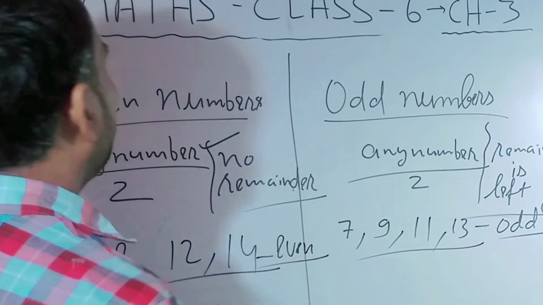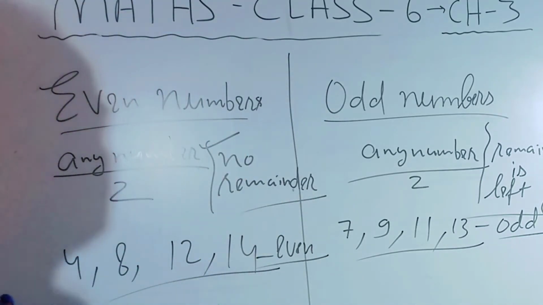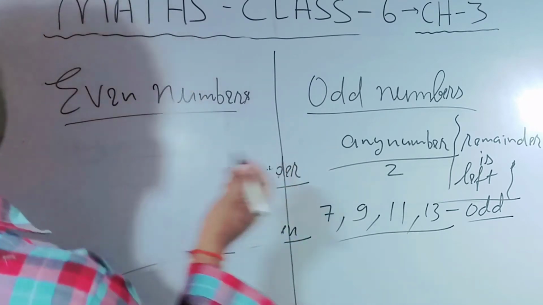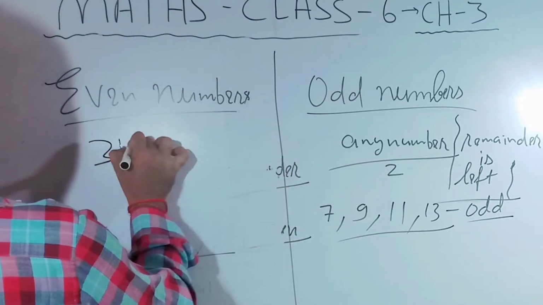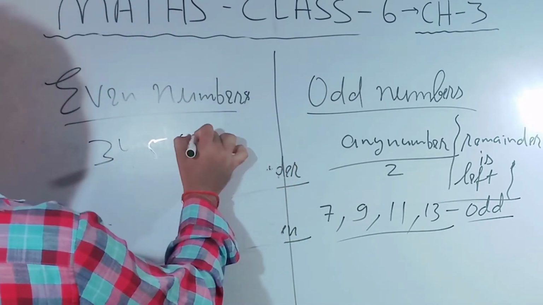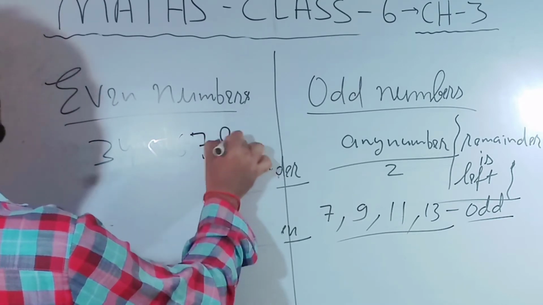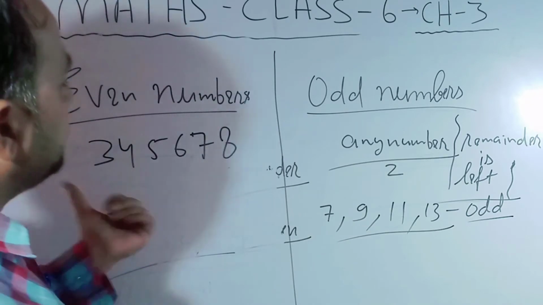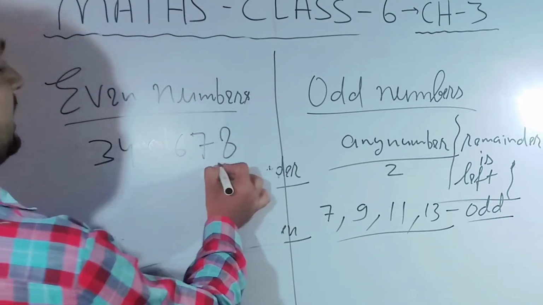One more thing: suppose I am writing any number over here, 3, 4, 5, 6, 7, 8. How can we identify quickly whether this number is even? Simply see the last digit.